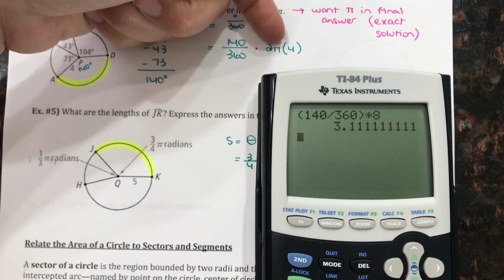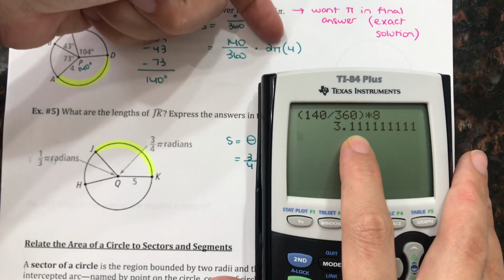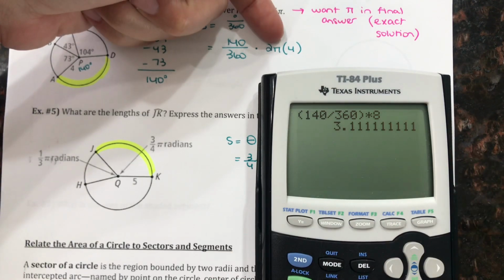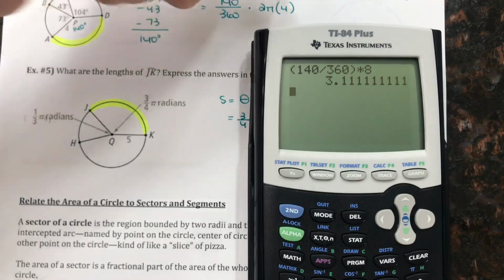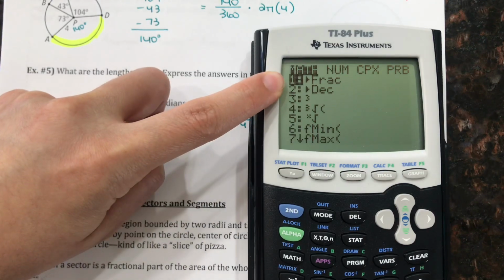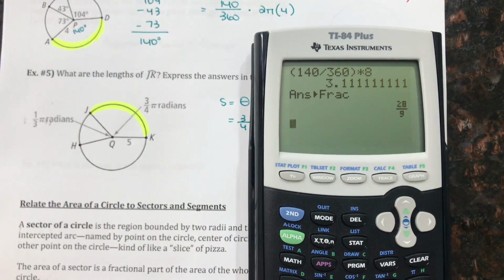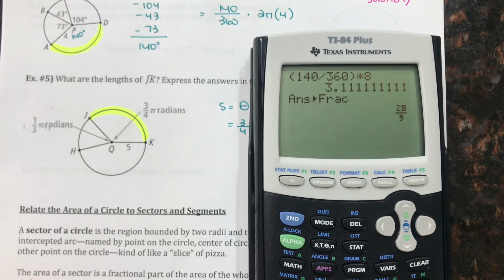So really what that means is I've got 3.111 repeating times pi, because I still need to include pi. Now, I want to switch that to a fraction. I'm going to hit the math button, and number 1 is fraction. So we're converting this to a fraction, which is 28 over 9.